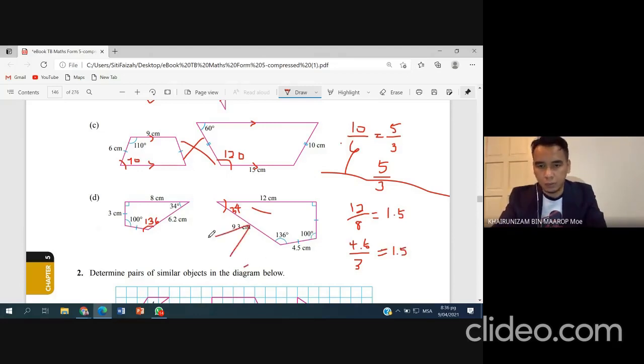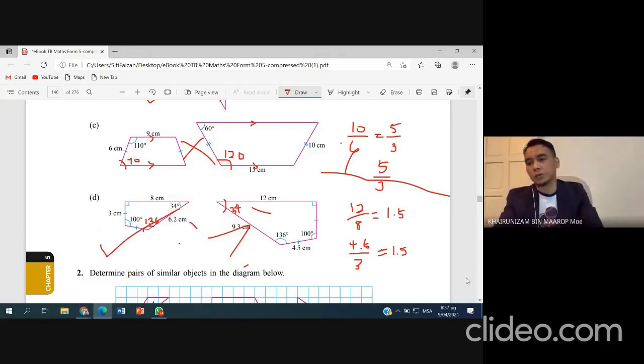Okay, what about this one? Yeah, this one. So 9.3 divided by 6.2, also 1.5. So these geometry objects are similar.